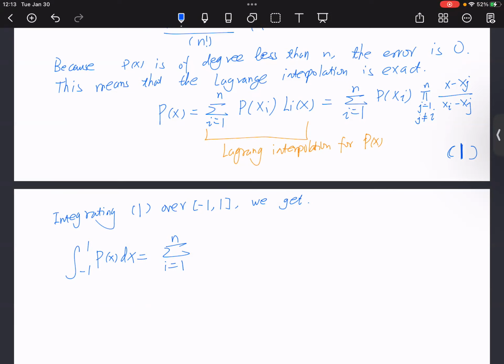We just need to integrate the part with x, the variable. So p(xi) here, and then we integrate over the interval the basis function.